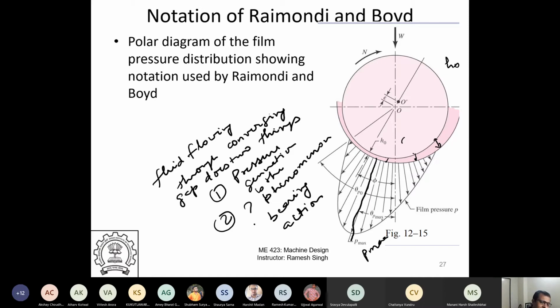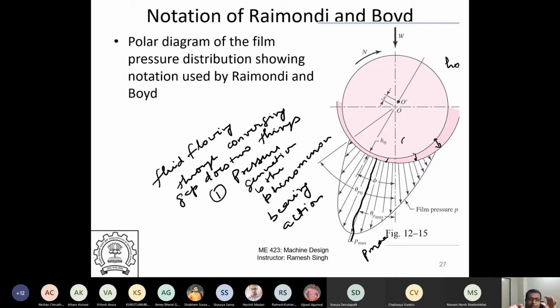And the second is film formation. The film formation is what separates the surfaces, because of a physical, thick film. So these two things are important. Pressure generation is of key importance because that is what supports the load. And there is a film formation in there. And this is a stable film.